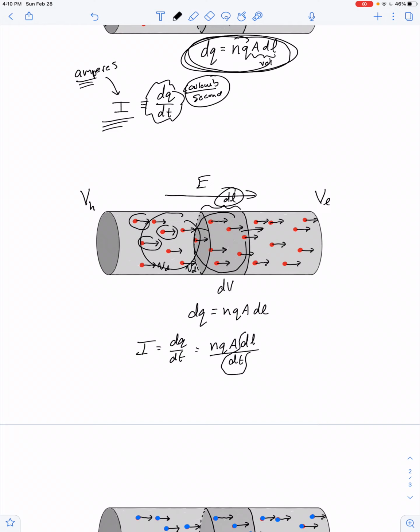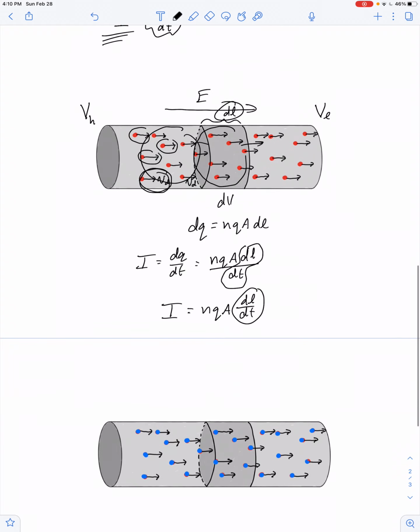Let's separate out the dl over dt. So we can say I is equal to nqA dl/dt. But dl/dt is nothing more than the drift velocity. So the current is equal to the density of free particles times the charge per particle multiplied by the cross-sectional area of the conductor multiplied by the drift speed.